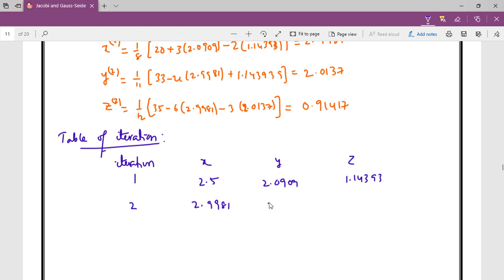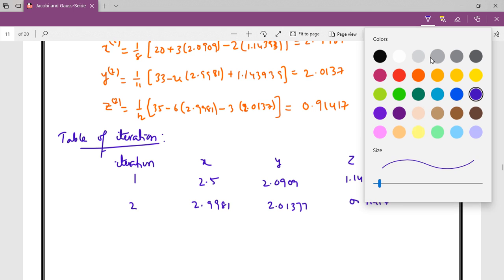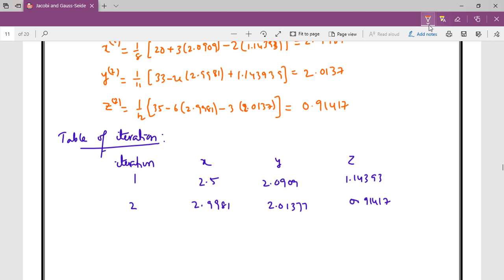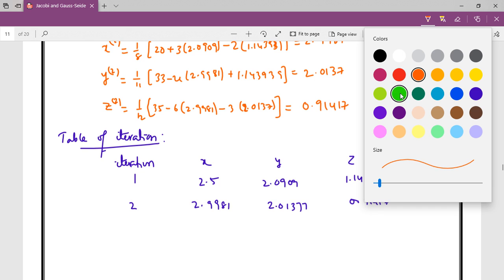Okay. The second iteration, so we have x value 2.9981, y value 2.01377 and z value 0.91417. Okay. So in the third iteration, I just mention the values here.